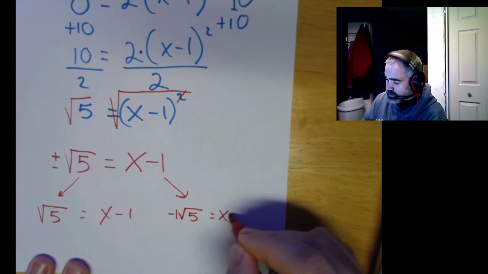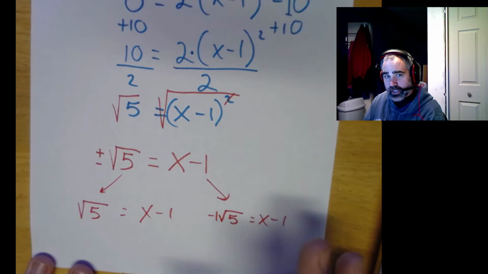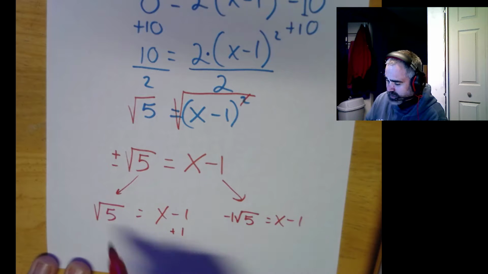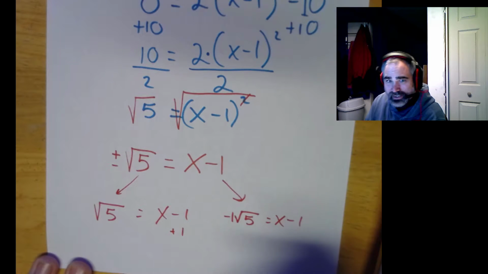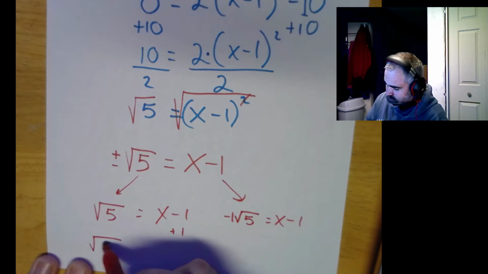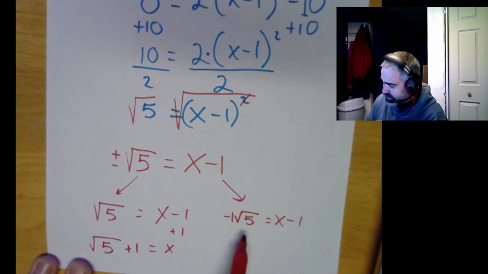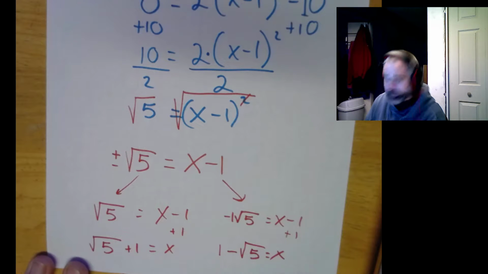Equals x minus 1. So we got to figure out how to solve this. You can add 1 to both sides. Remember, this is an irrational number. So square root of 5 plus 1, whatever that equals x. And then over here, I'm going to add 1 to negative, which would be, let's see, let's move it around the other way. So put 1 over here minus the square root of 5. So those are my two x-intercepts.